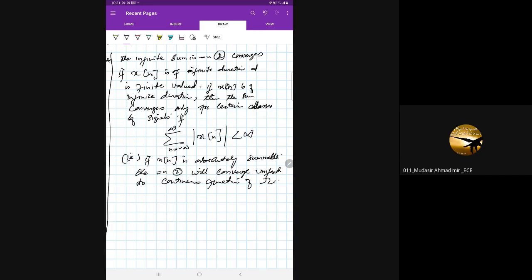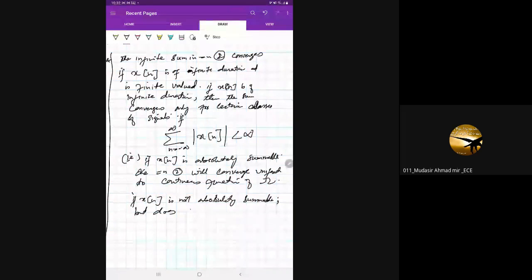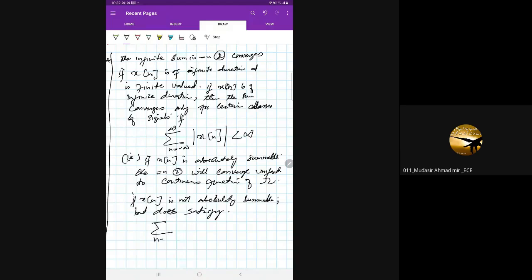The second condition would be if x of n is not absolutely summable but does satisfy this equation: the summation from n equal to minus infinity to plus infinity of x of n whole square is less than infinity.